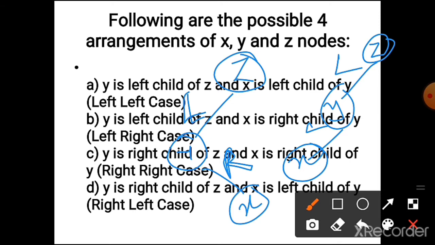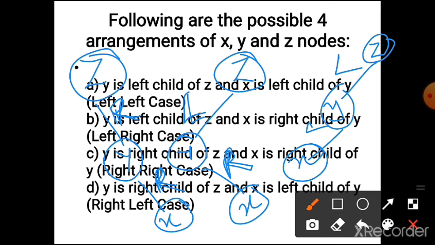Then the next one: Y is the right child of Z, and X is the right child of Y. That is the RR case.